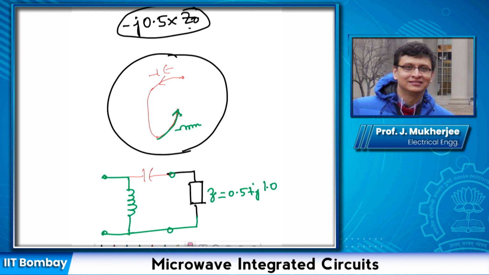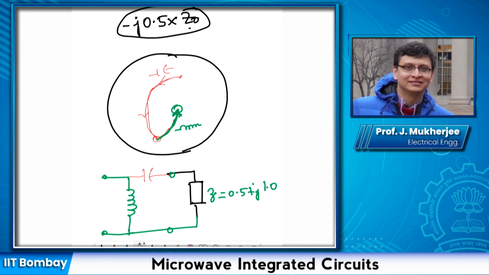That will enable you to go first from here along a constant resistance circle to this point, and then along a constant conductance circle to the origin. Try to find it out.